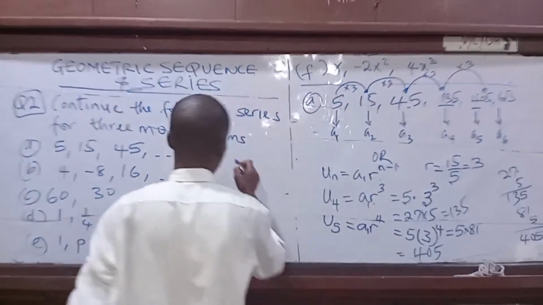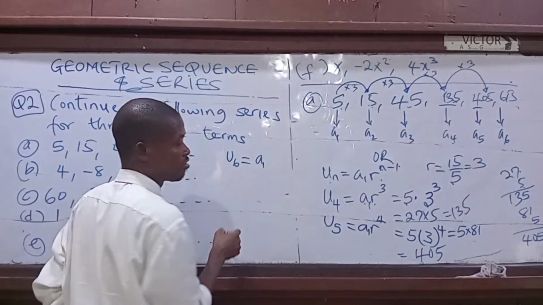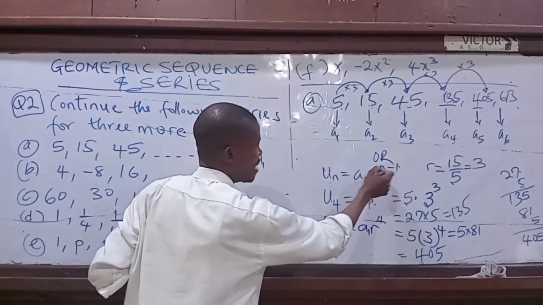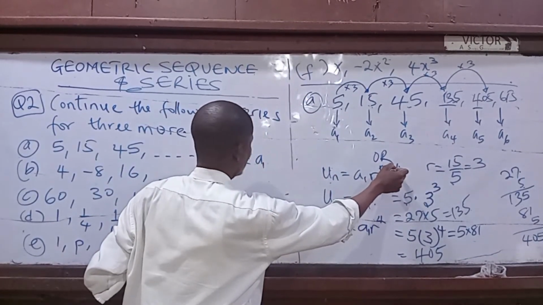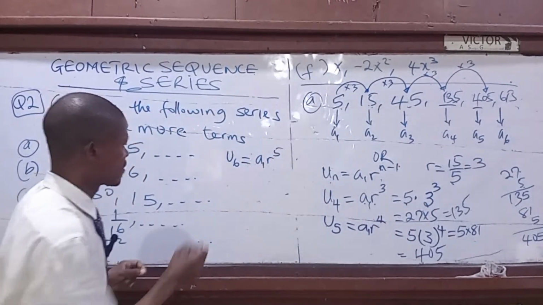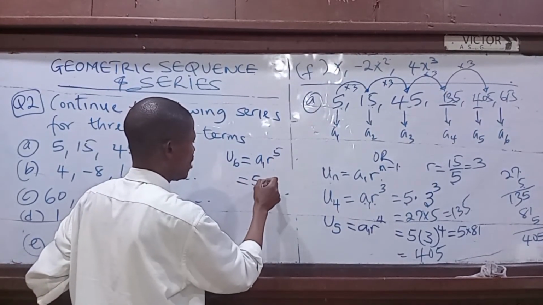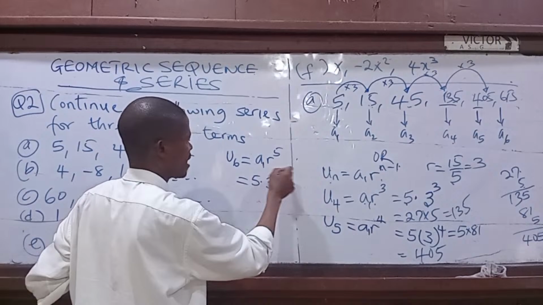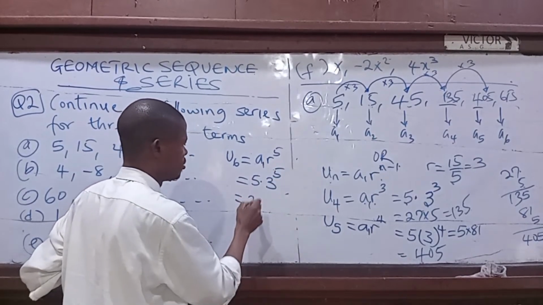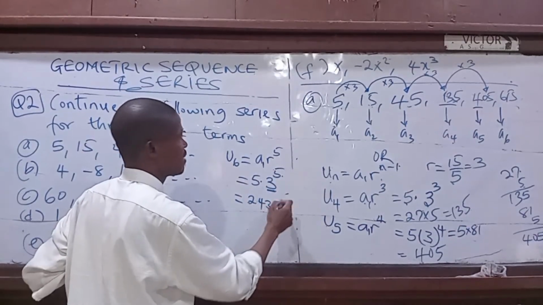To get the sixth term, use n equals 6. That will be a subscript 1, r to the power n minus 1. That's 6 minus 1. Our a is 5. Our common ratio is 3 to the power 5. And this will be 243 for 3 to the power 5, times 5.